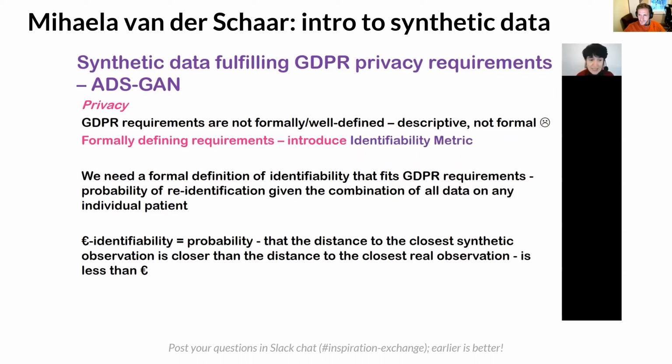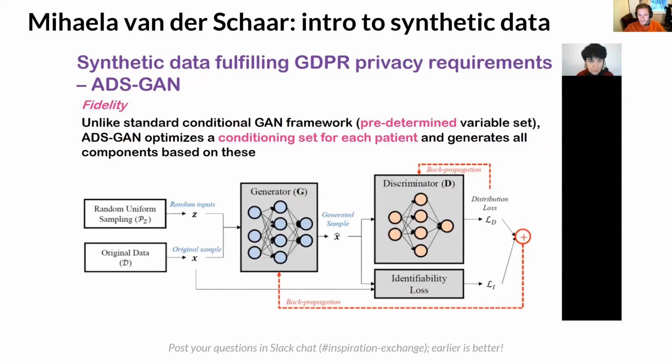And when this is less than epsilon, we have epsilon identifiability. We define this notion of identifiability, hence, to address GDPR requirements and formalize these requirements mathematically. Please take a look in our paper for the formal definition.